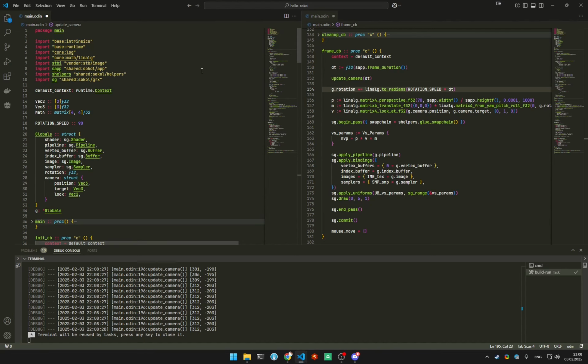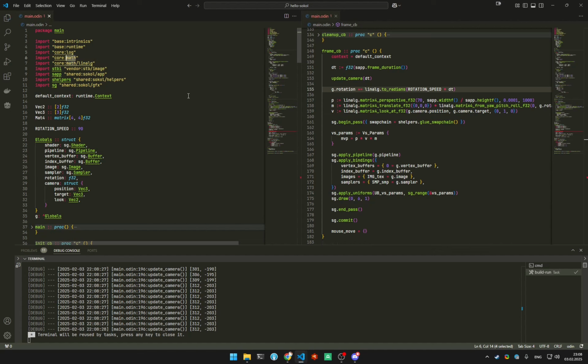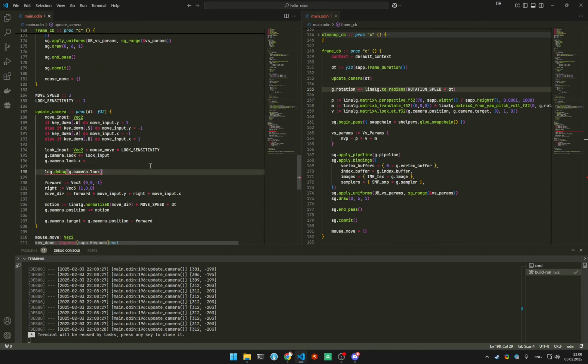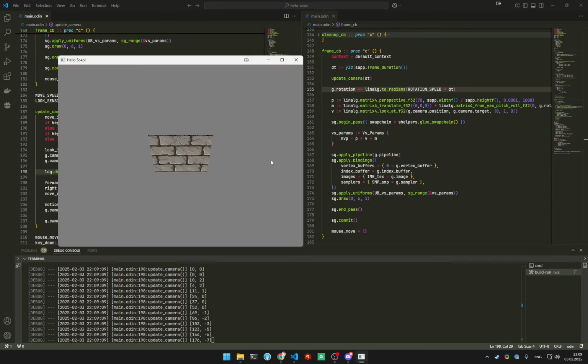Because we are considering these deltas of the mouse are deltas in degrees. Thankfully the core math library contains a nice function called wrap. So we would say we want to wrap this value by 360, so it never exceeds this range. So now no matter how much I move the mouse, it will be within this range, which is kind of nice.